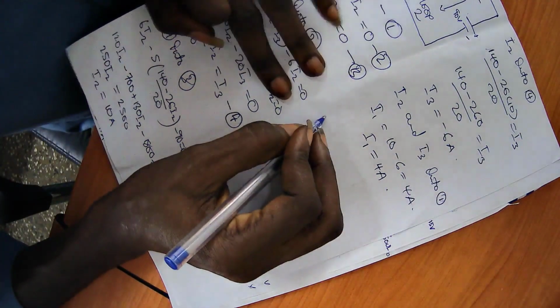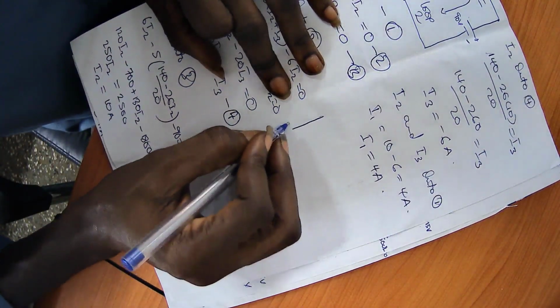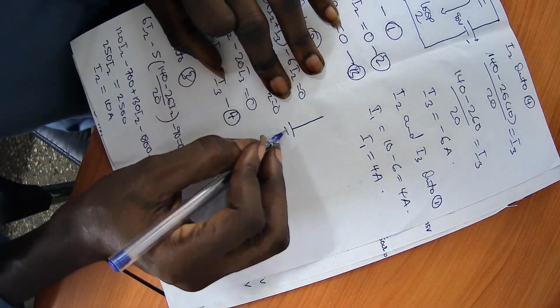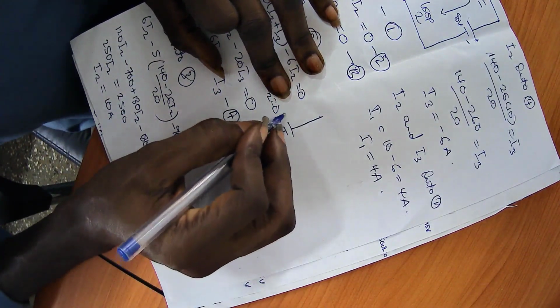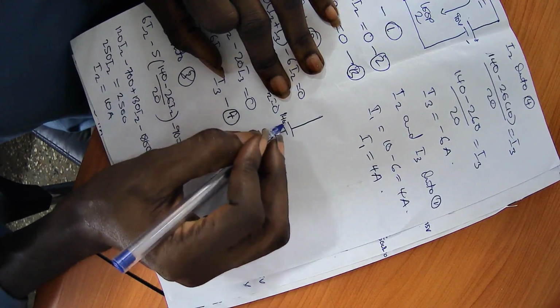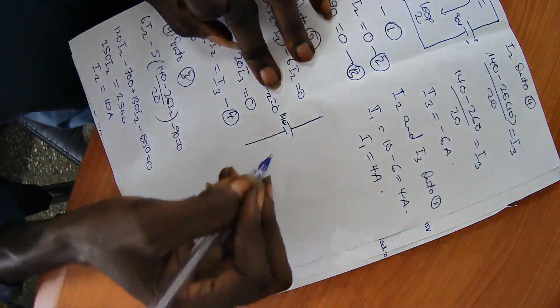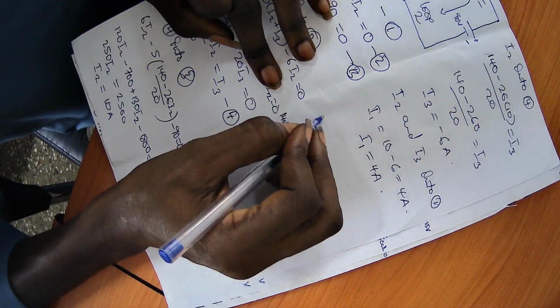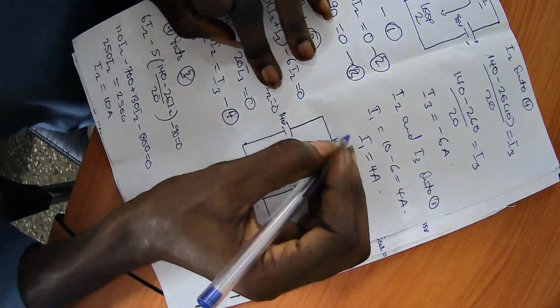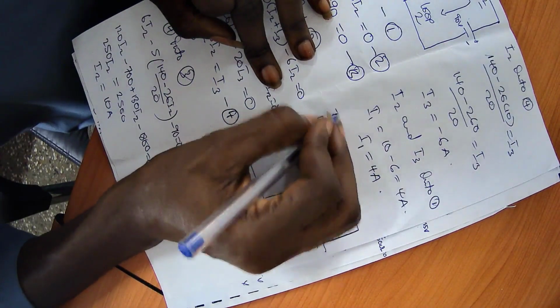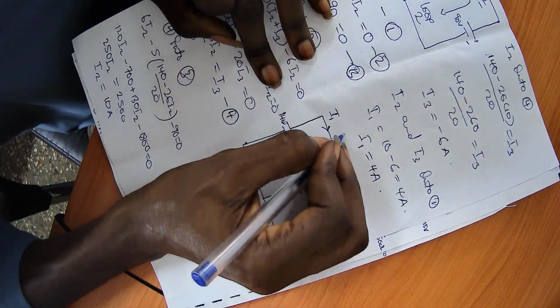So this is the circuit that we are dealing with. Here is 140 volts. Okay, this place was I1, and here is 20 ohms.